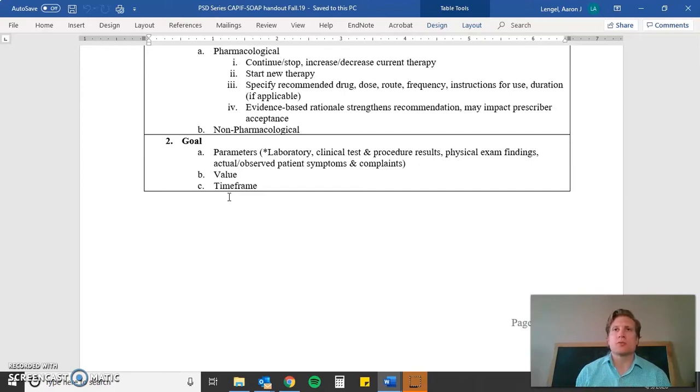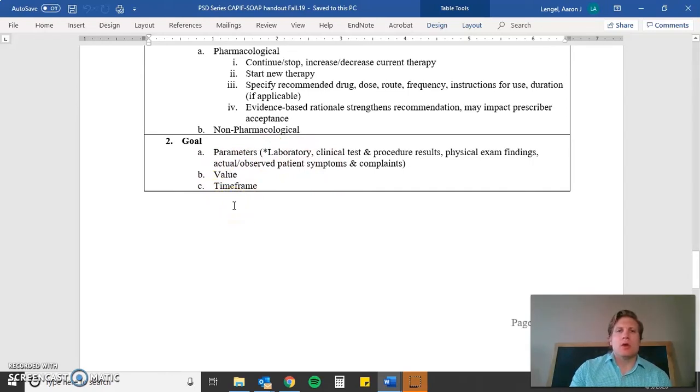If it's blood pressure, what's the goal blood pressure? If it's blood sugar, what's the goal blood sugar that we're trying to get the patient to? If there are specific lab parameters that we're monitoring, what are they, what are the specific numbers that we want to see, and what time frame?